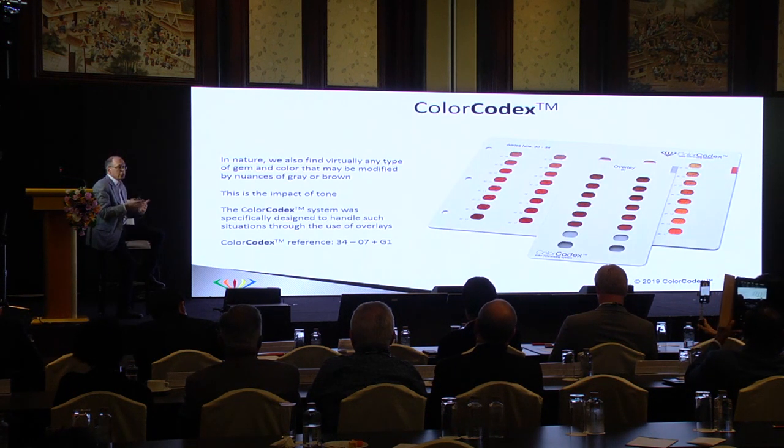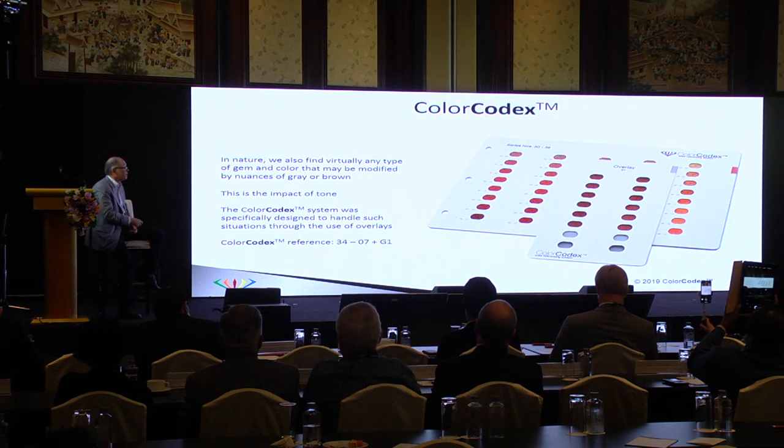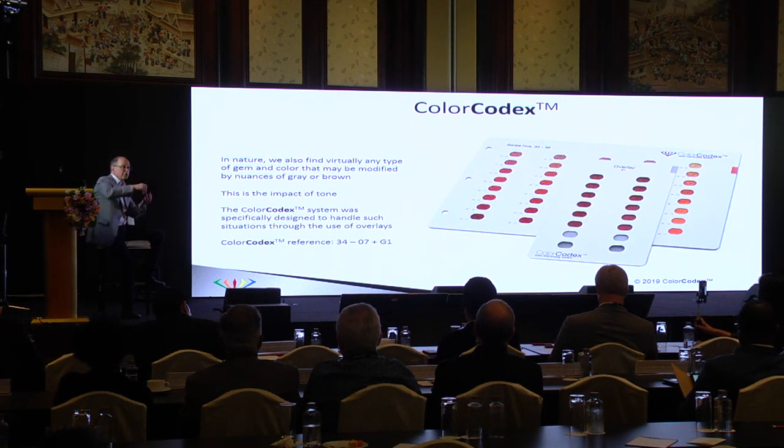Now, when it comes to colors in general, but also gems in particular, we find many colors are modified by nuances of gray or brown. This is the influence of tone. So this is the vertical axis that I was illustrating before. The color codex system was specifically developed to handle the influence of tone through the use of overlays.